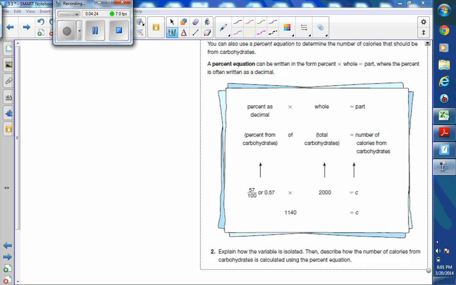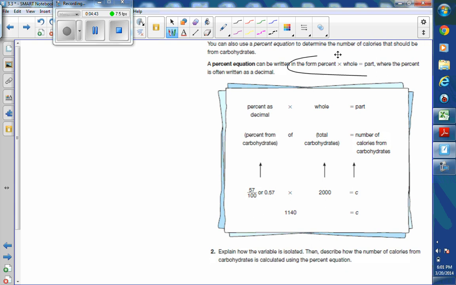Okay, you can also use a percent equation to determine the number of calories that should be from carbohydrates. So you can also use this percent equation instead of just a proportion. A percent equation can be written in the form of percent times whole equals part, where the percent is often written as a decimal.